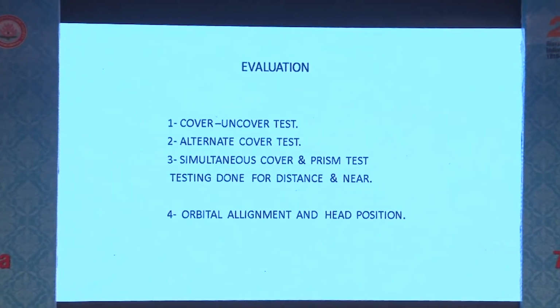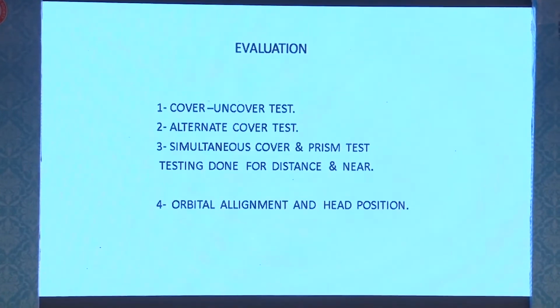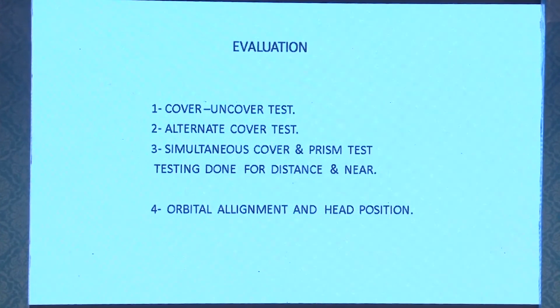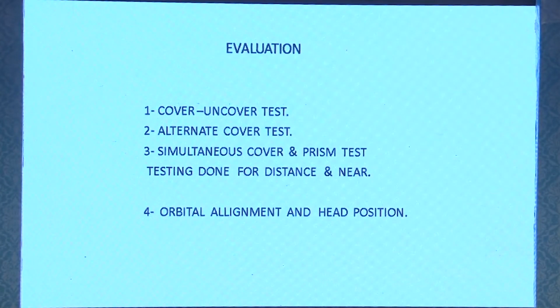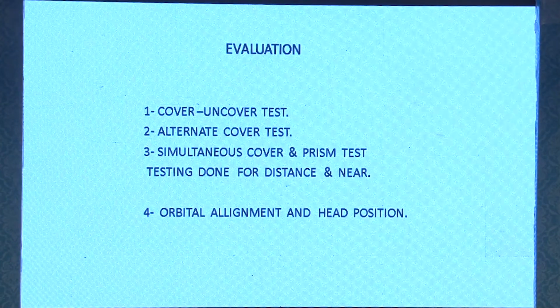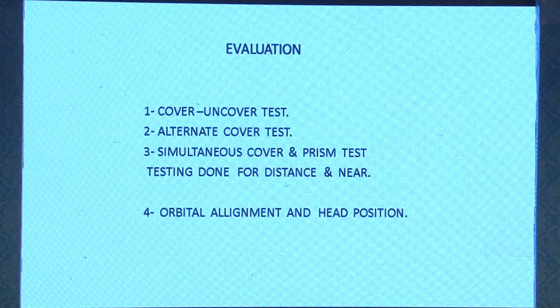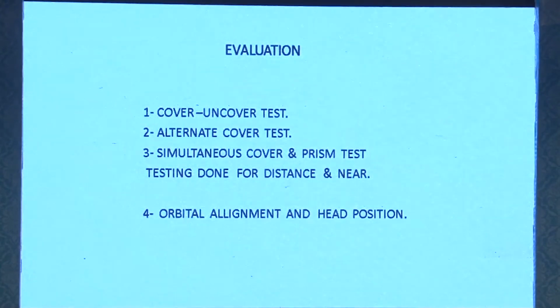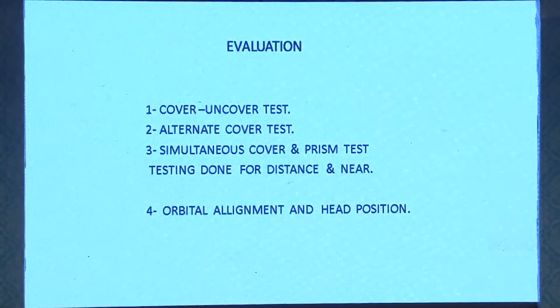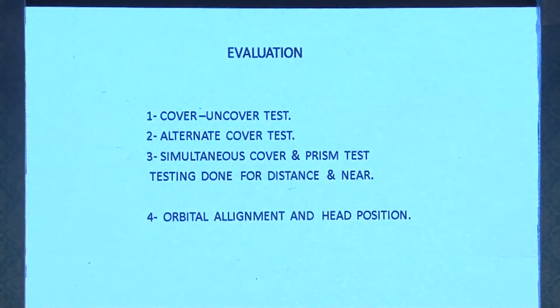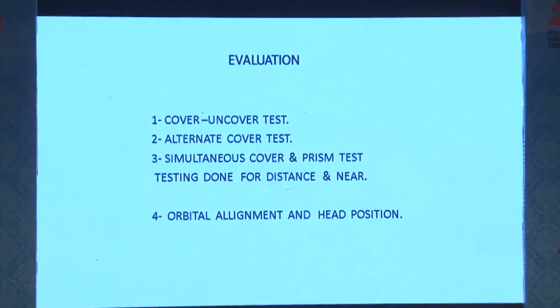So when you test with the alternate cover test, you get phorias. A phoria of more than 8 to 10 PD is symptomatic. After some time the convergence is more, the medial rectus is overacting to have fusion, the motor fusion is there, and because of that you get ocular asthenopia and astigmatism, hypermetropic, myopic, both astigmatisms.